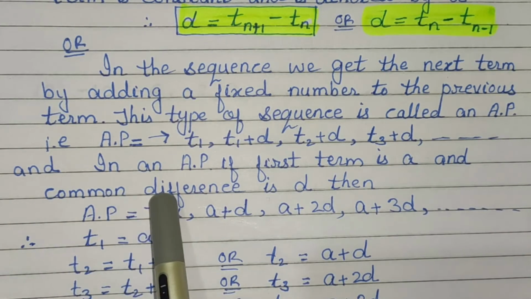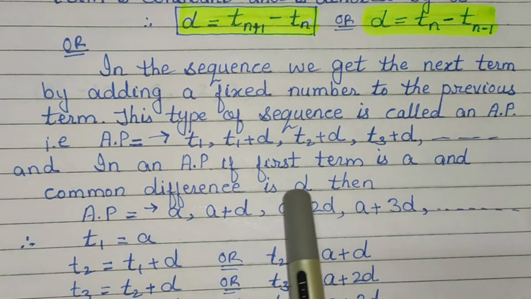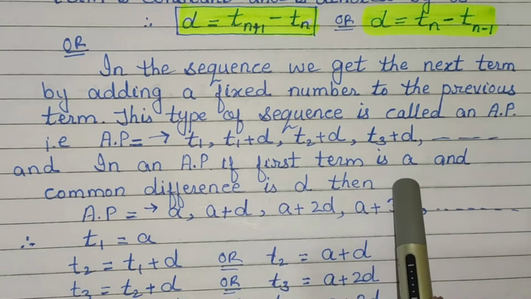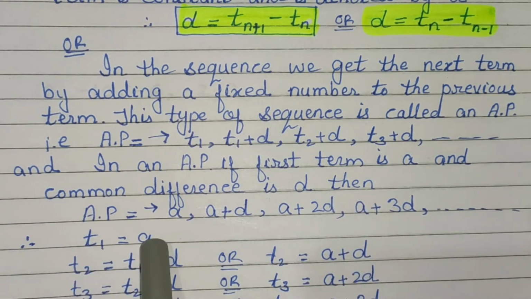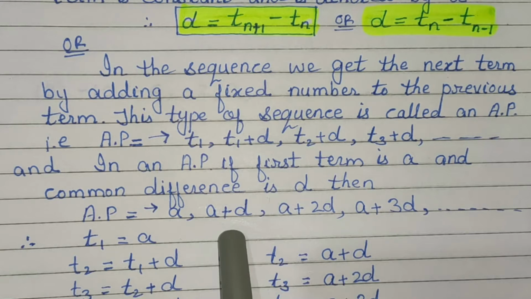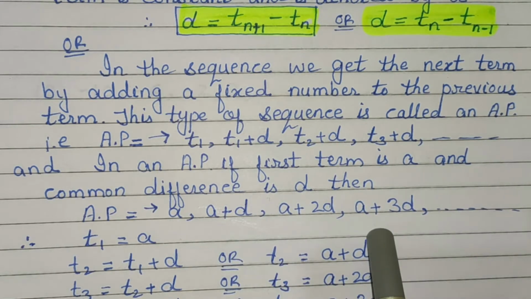And in an AP, if the first term is a and the common difference is d, then we can write first term a, second term a plus d, third term a plus 2d, and the next term a plus 3d.